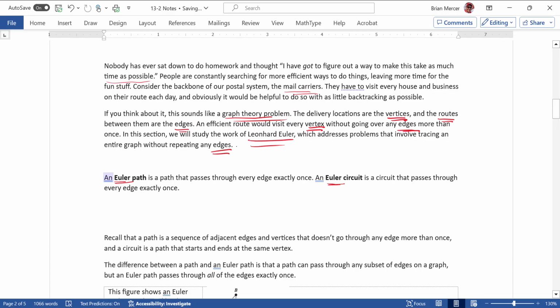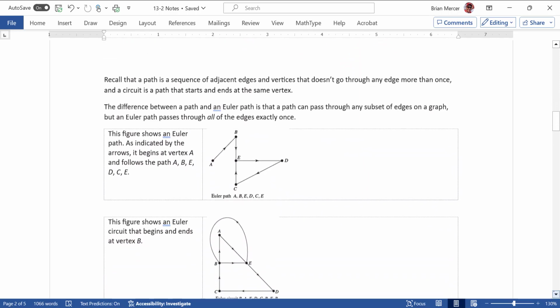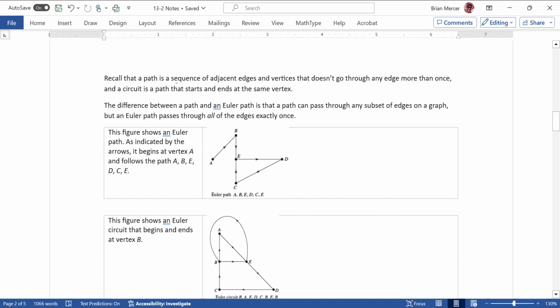An Euler path is a path, and we've already studied what a path is, that passes through every edge in a diagram exactly once. An Euler circuit is a circuit that passes through every edge exactly once. Let's remind ourselves, a path is just a sequence of adjacent edges and vertices that doesn't go through any edge more than once.